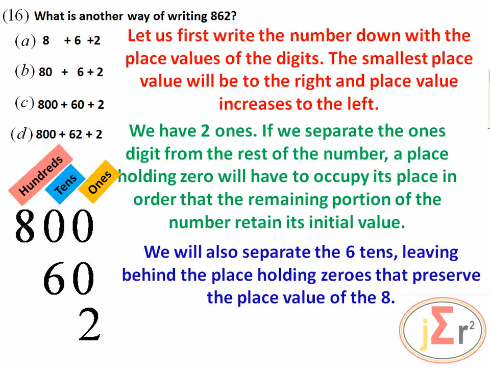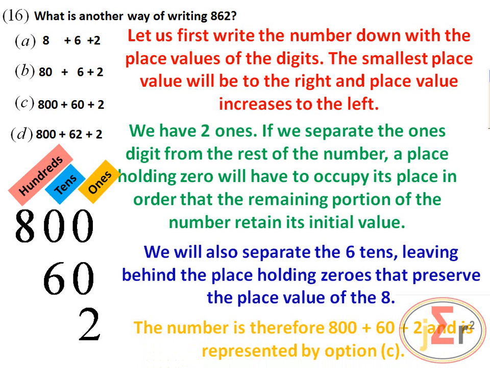And it cannot be 8, so we have to ensure that those place holding zeros are there. The number is therefore 800 plus 60 plus 2, and it is represented by option C.